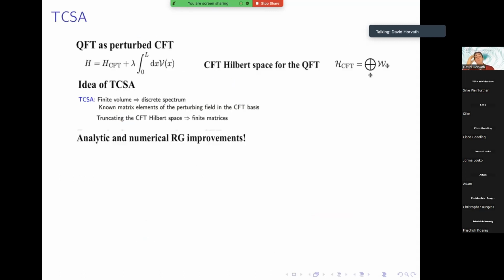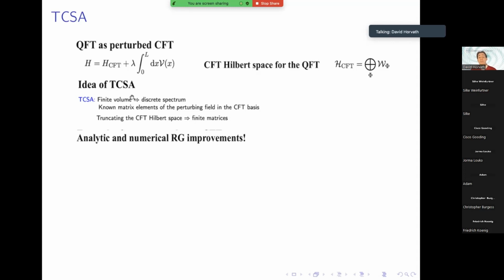The main idea of this method is that quite generally, you can consider a well-defined quantum field theory as a relevant perturbation of a UV fixed point, so a conformal field theory. In fact, you can use the Hilbert space of this UV conformal field theory for your quantum field theory.